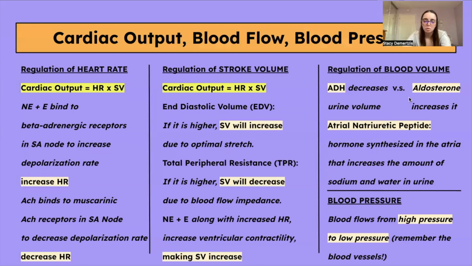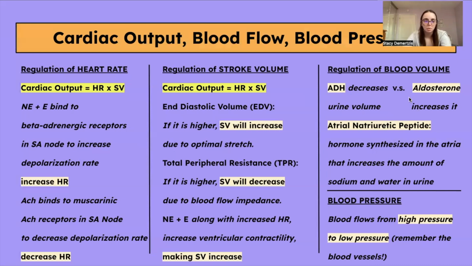And so back to if we wanted to make stroke volume increase, similar kind of concept to heart rate. If you have norepinephrine and epinephrine, as it's increasing the heart rate, if the heart is beating more often, then the ventricles are contracting more often, and then this volume that is being expelled from the ventricles will in turn increase as well.